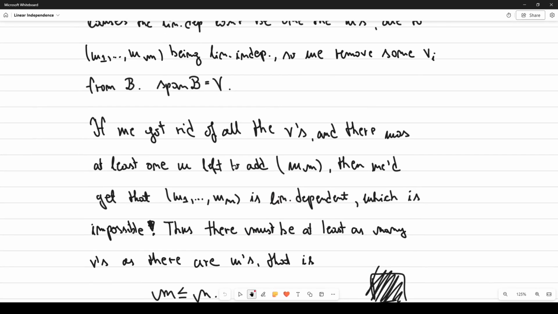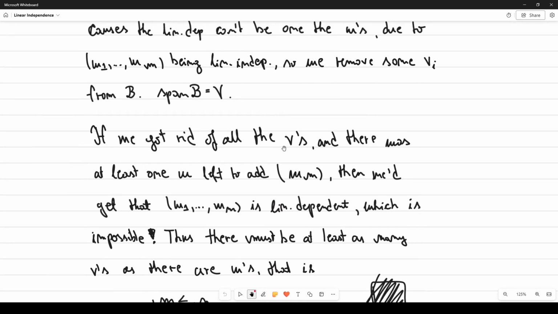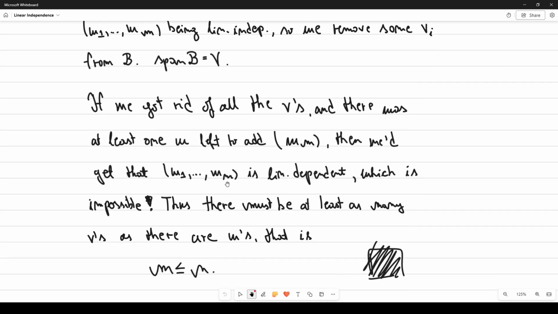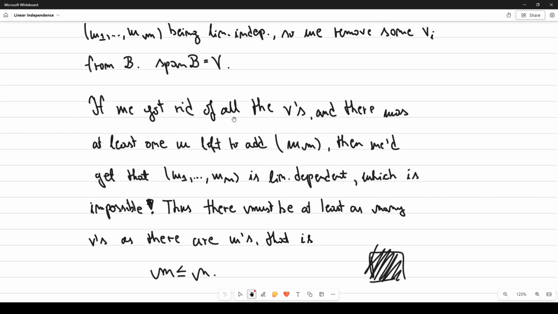Now, if we got rid of all the v's, and there was at least one w left to add, some wm for example, then we get that w1 all the way to wm is linearly dependent, which is impossible since this is a linearly independent list of vectors. So there cannot be more w's than v's, since that would cause a contradiction due to the linear independence of our w's.